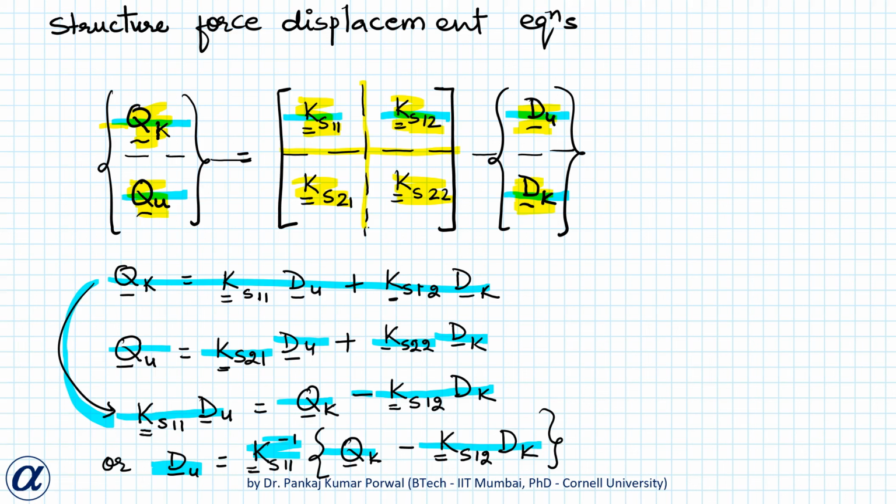So this equation we can use to find unknown nodal displacements, and once we know these, I can substitute in this equation where the only unknown is du, dk is known, and from that we can find the vector of unknown forces at nodes.